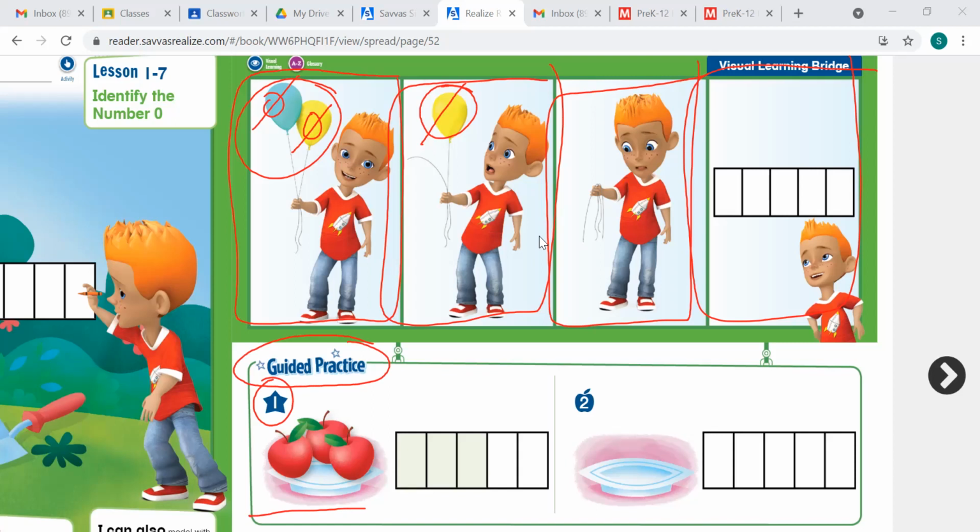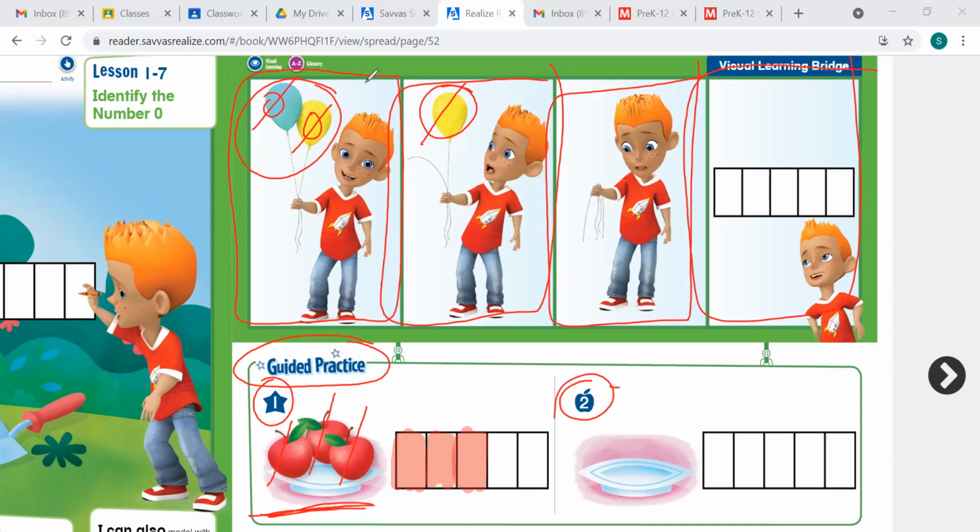So let's count the apples on this plate right here. 1, 2, 3. How many apples did we count? 3. So if we counted 3 apples, we are going to fill in the same number of boxes. 1, 2, and 3. That is telling us how many apples are on the plate.